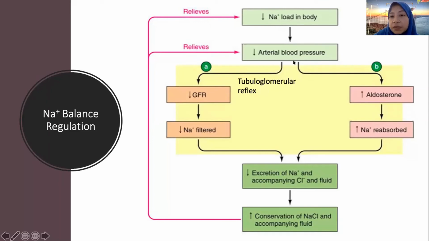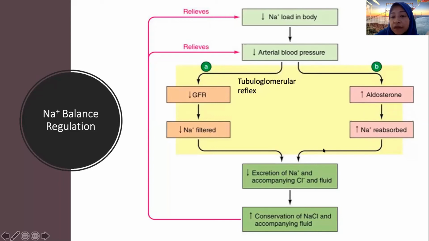Your blood pressure will be low. The hyponatremia itself can straight away stimulate the aldosterone. Aldosterone is a hormone released from the adrenal gland, which then stimulates the renal system to increase the sodium reabsorption.